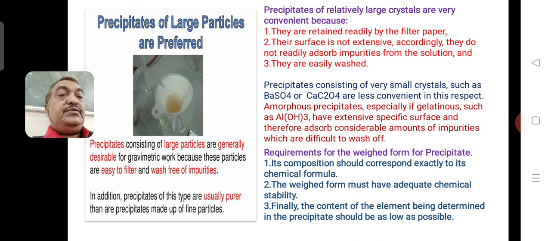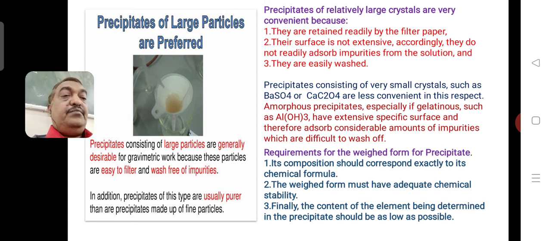Whatever the composition of the solution is, it should be correct with reference to the formula. For example, in calcium carbonate, the number of calcium, number of oxygen and number of carbon should be properly placed. There should be neither more calcium nor less calcium or some other elements present in it. So they should be properly maintained.